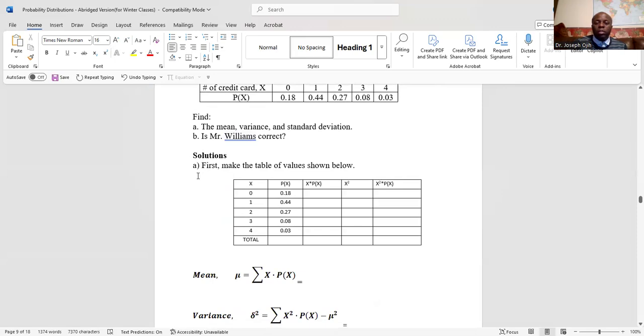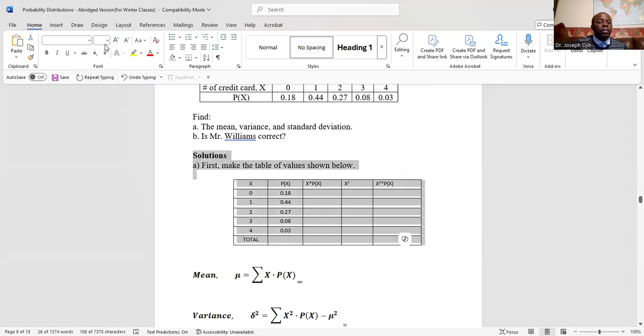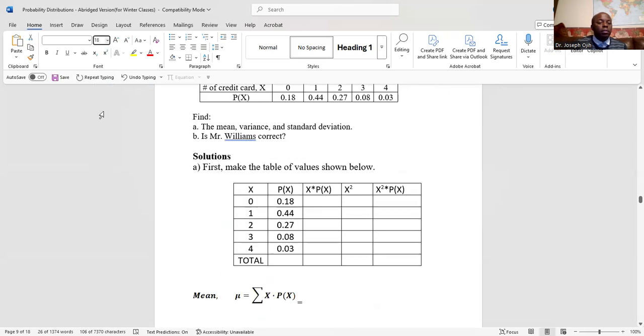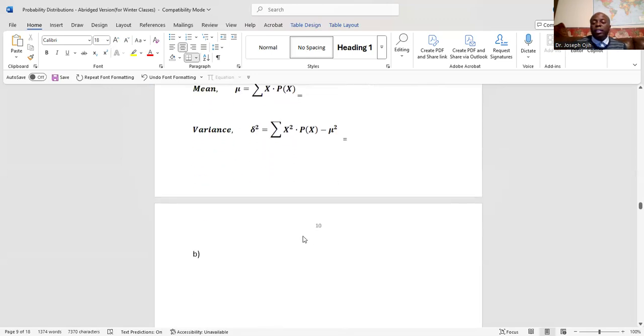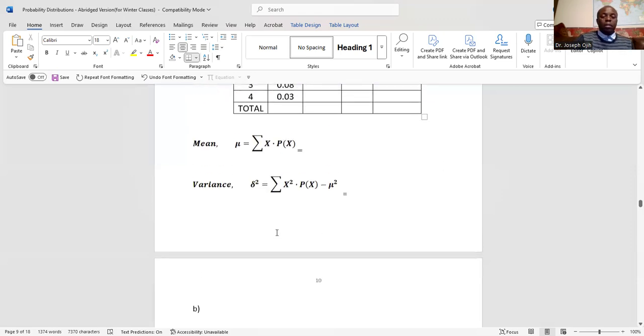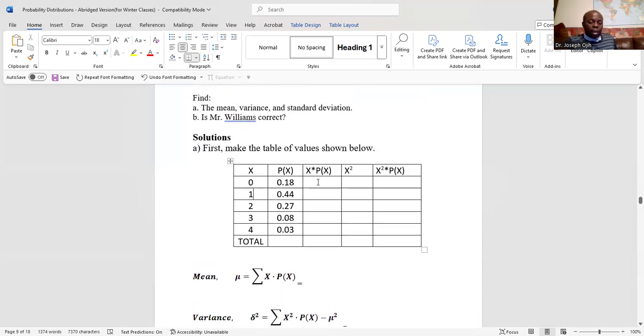This is one way of doing it. This is the shortcut method for doing this. So you form a table like this, where you have x, P(x), x times P(x), x squared, x squared times P(x). So you get the answer for all of this. From that, you can now calculate the mean, the variance, and the standard deviation. So let's get this part. x times P(x) means 0 times this. Each number here multiplied by the number here.